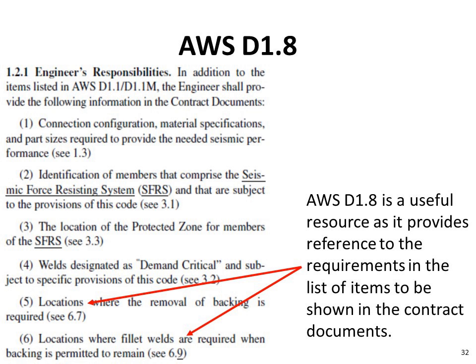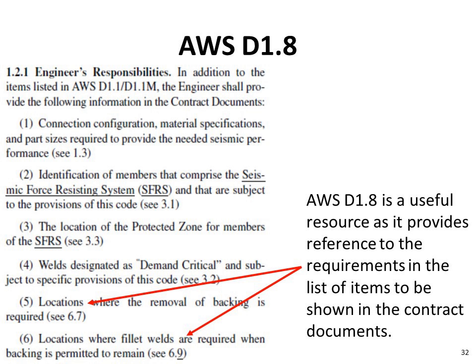I also want to point out that even though a lot of engineers probably don't have the AWS documents readily available at their desk, or maybe potentially even in their engineering office, AWS D1.8 does provide a pretty good reference for engineers related to these issues, because when they list these requirements that need to be shown on the engineer's drawings, they provide a cross-reference back to what the requirements related to the actual process of the welding are within AWS D1.8.